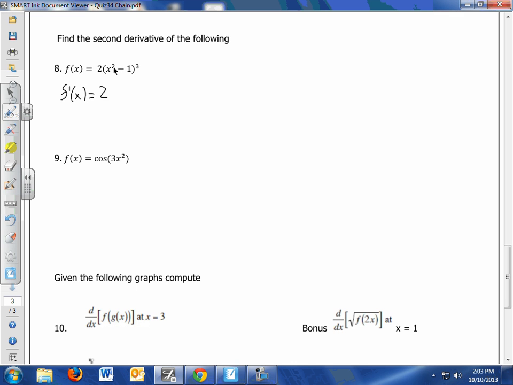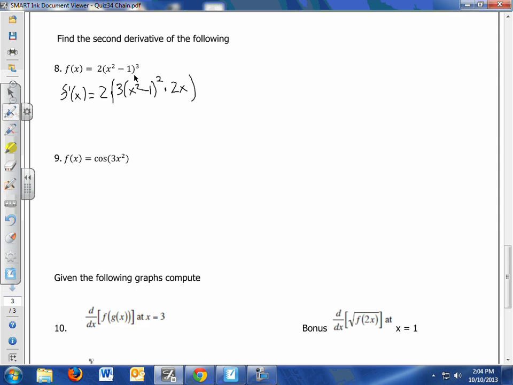Well, this is like a big X cubed, so the outside would be X cubed, the inside would be X squared minus 1. So I'd have 2 times, I'll just put the derivative in parentheses, the derivative of the outside is 3x squared, but I'll just leave the inside alone, times the derivative of the inside, which is 2x.